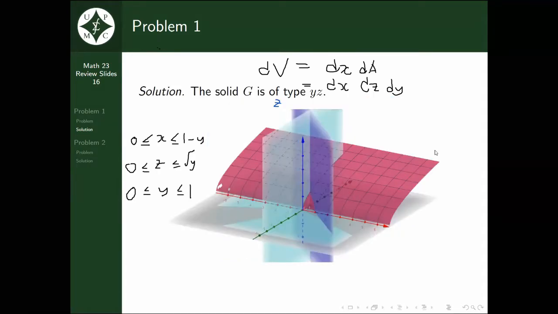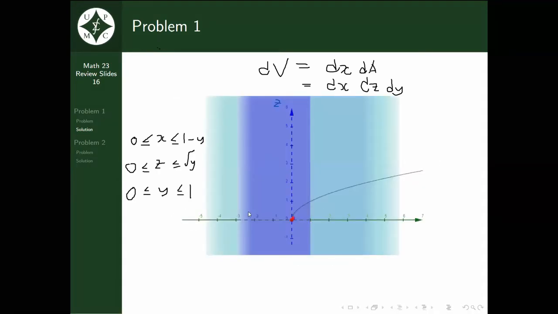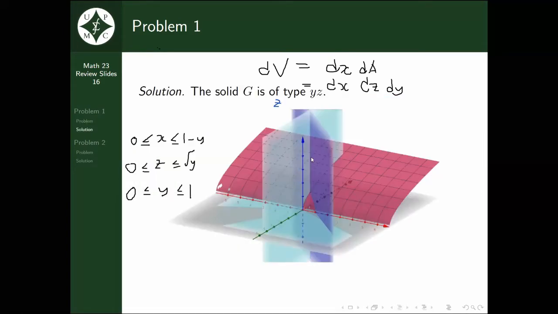So the question is, how can you determine that this is 1 if you don't have a labeled figure, for example? Well, you just have to look at your original 3D figure, and the intersection at the end of the y, this point over here that I'm mousing over, let me just mark it. This point is at the intersection of this light blue plane and this dark blue plane.